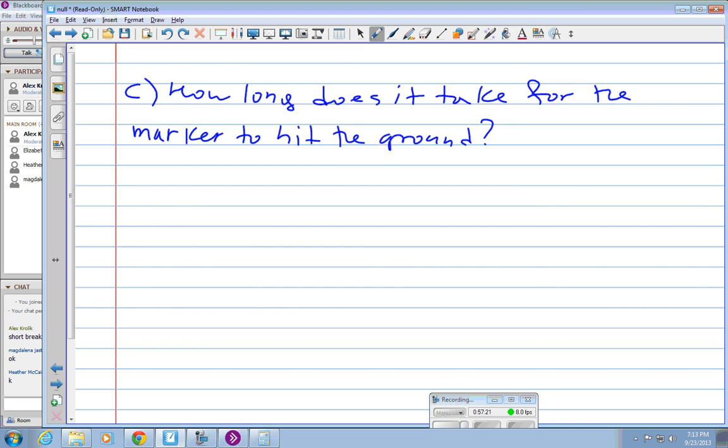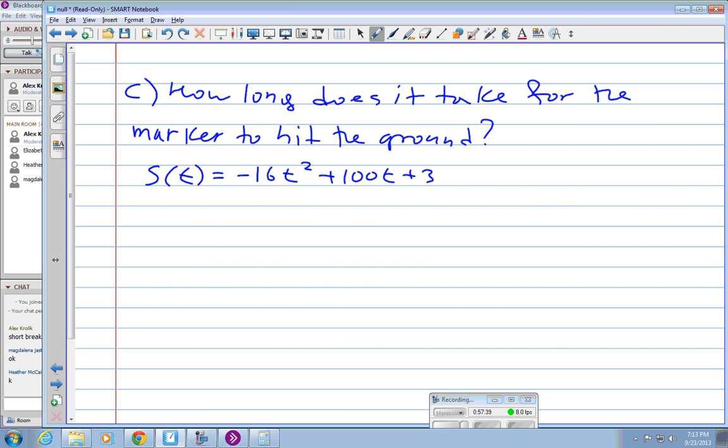Okay? Because it did land on the ground, so the question is, how long did it take? And again, we do know that the height at any given time for this specific example was given by this function.